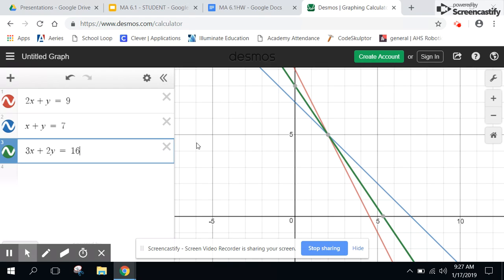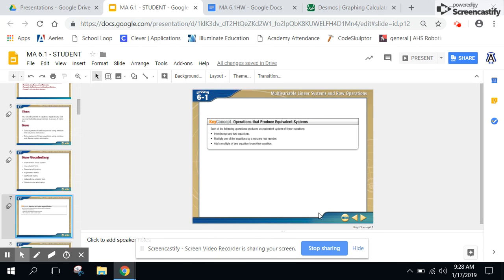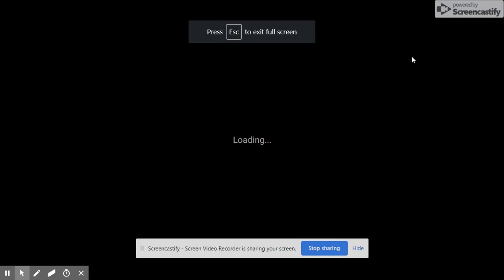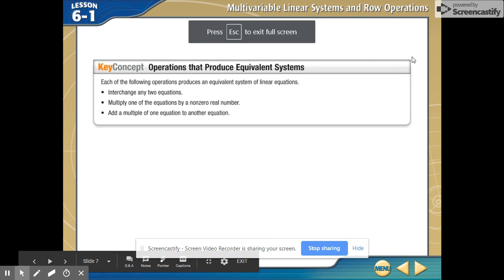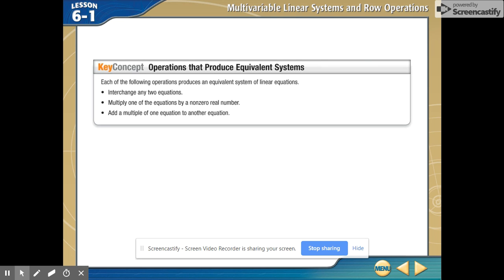And I can see, again, I get a different line, but where they cross is the same solution point. So I haven't added any values to it. So that's really all that this is saying here: these are operations we can do to change things around but not lose what the solution is. And we're going to do a bunch of that with our matrix stuff.